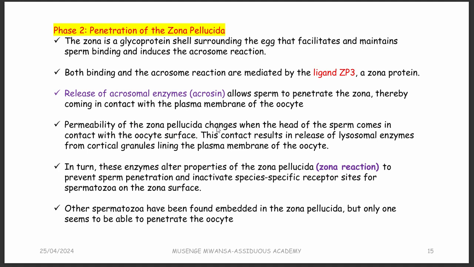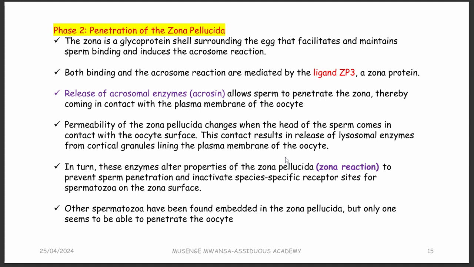The permeability of the zona pellucida is going to change when the head of the sperm comes in contact with the oocyte. Immediately the head of the sperm enters the egg and comes in contact with the oocyte, the zona pellucida becomes impermeable. Other sperm shouldn't enter, because if they do, it is going to lead to polyspermy.